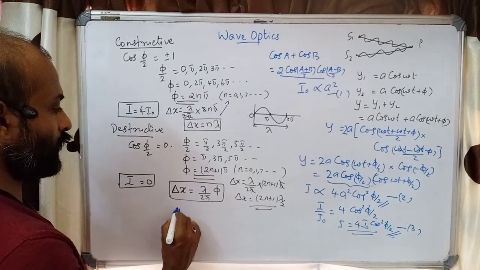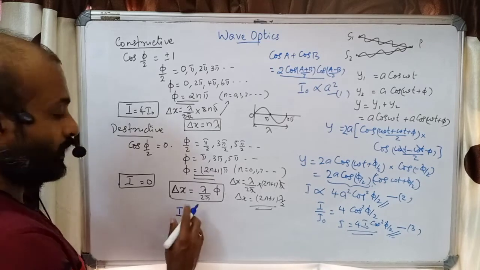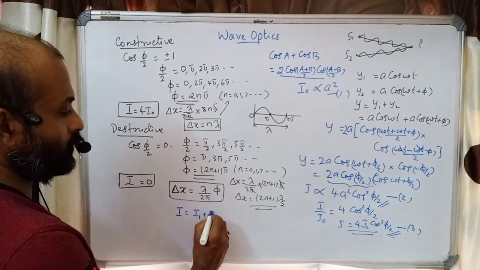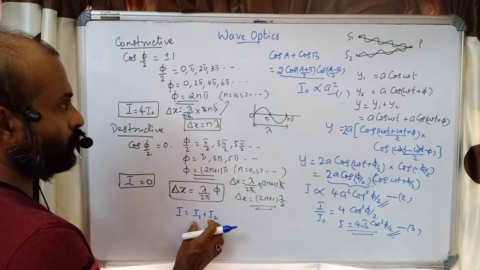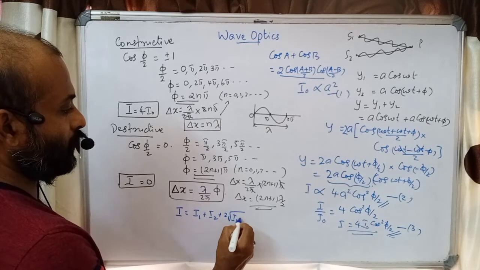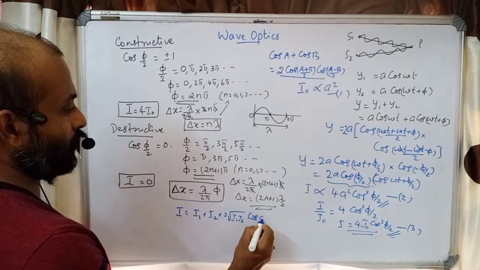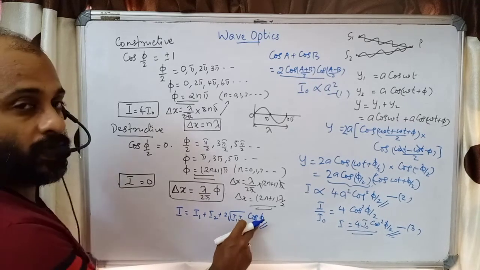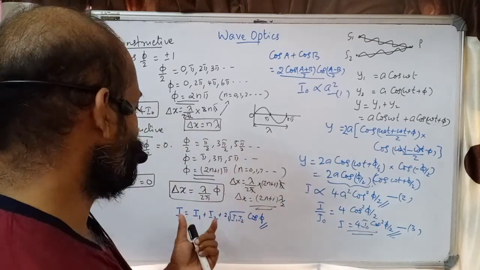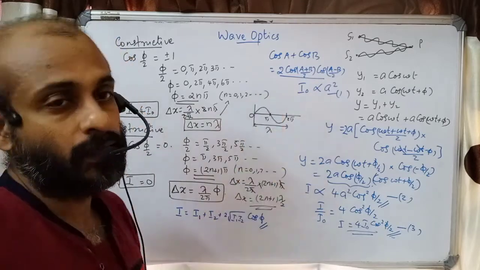We have a relation for the net intensity of the resultant wave: intensity I equals I1 plus I2, the intensities of the interfering waves, plus 2 square root of I1 I2 cos phi. This is a general relation, where phi is the phase difference, and I1 and I2 are the intensities of light from the sources S1 and S2.